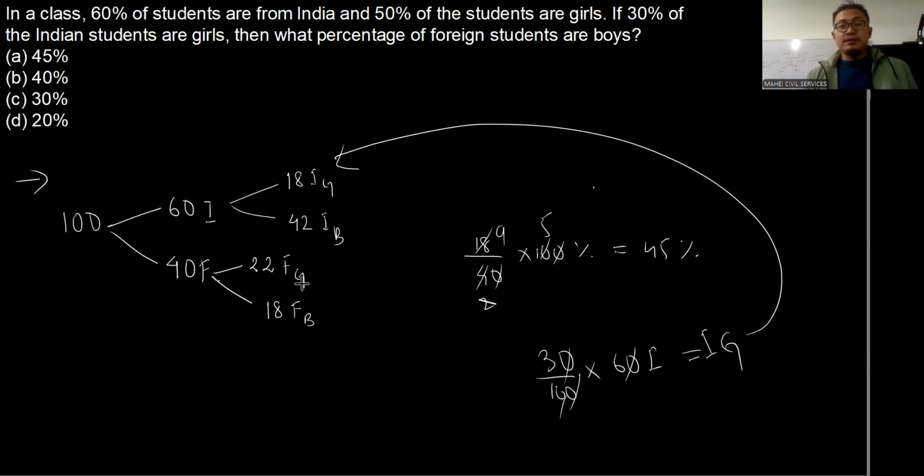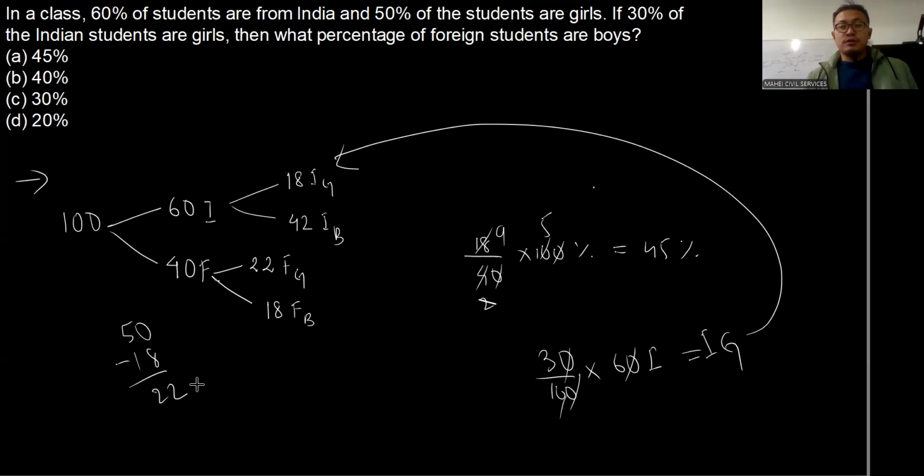Now, 60% are Indians and 40% are foreigners. 50% of the students are girls, so of 100, 50 are girls. 18 students from India are already girls, so the remaining is 50 minus 18, which is equal to 22.